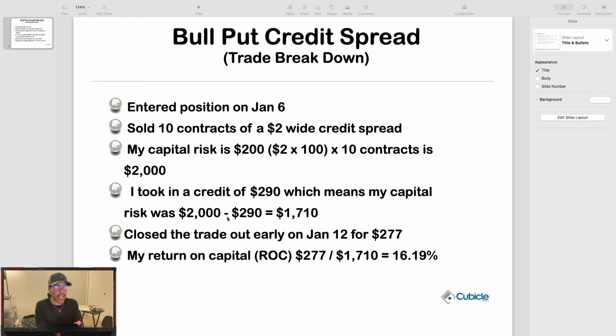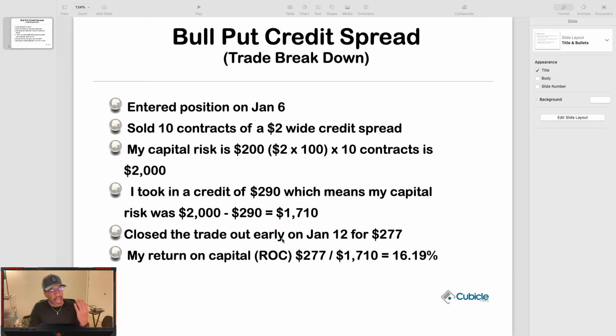But then you take in a credit for selling the spread, so you subtract the credit you receive, the $290, from the risk, and that gives you your actual risk. So the actual capital required to put on this trade was $1710.